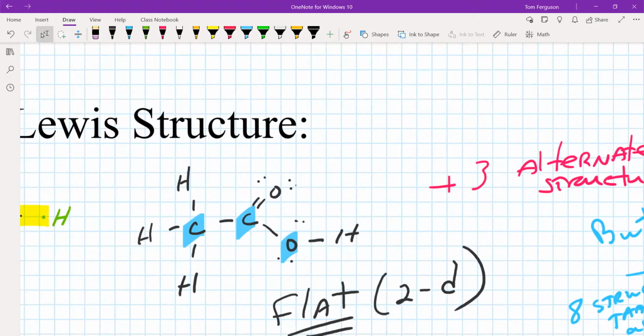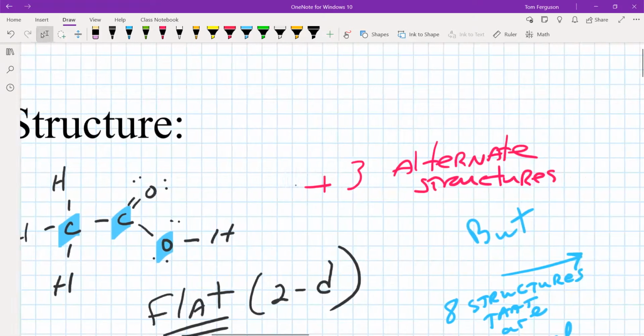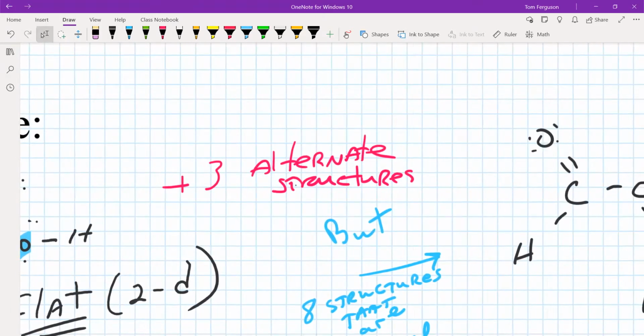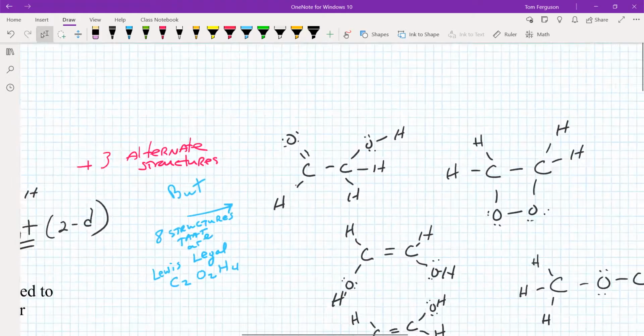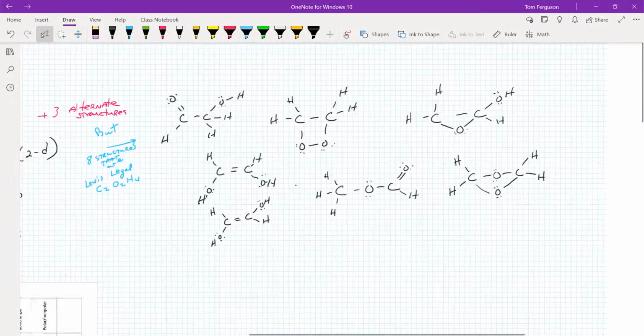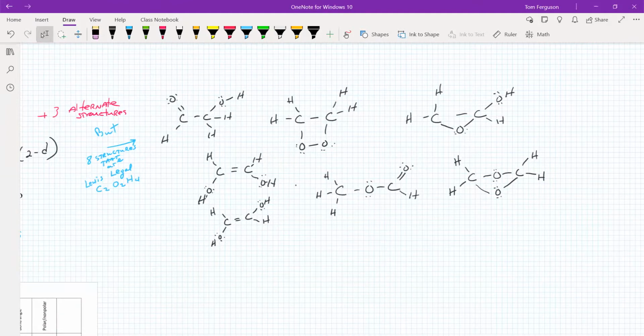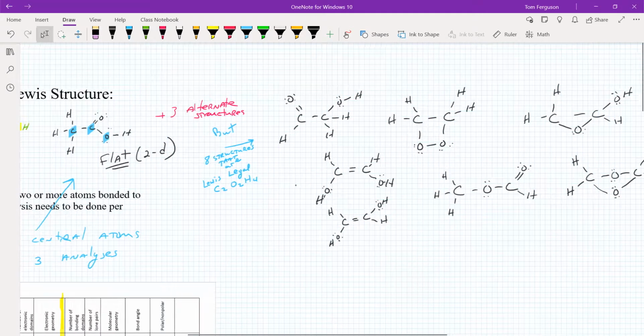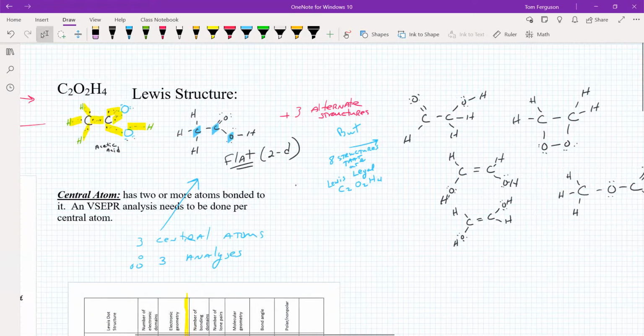However, with C2O2H4, after we put in the lines, I asked you to do 3 alternate structures. There are at least 8 total structures. Here are 7 more that are totally legal, and of these 8 structures, the only one that really chemically fits the bill, once you do chemical analyses on the structure, is this first one we did.